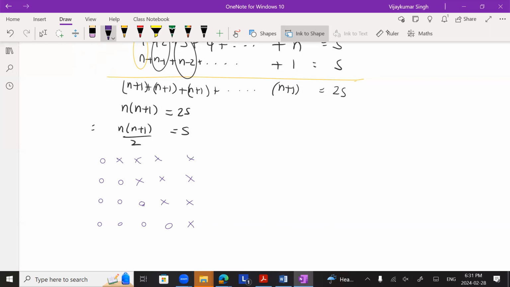So I'm adding 1 plus 2 plus 3 plus 4. And the crosses are also 1 plus 2 plus 3 plus 4, right? So in some sense, I'm doing 1 plus 2 plus 3 plus 4, right? Isn't it?